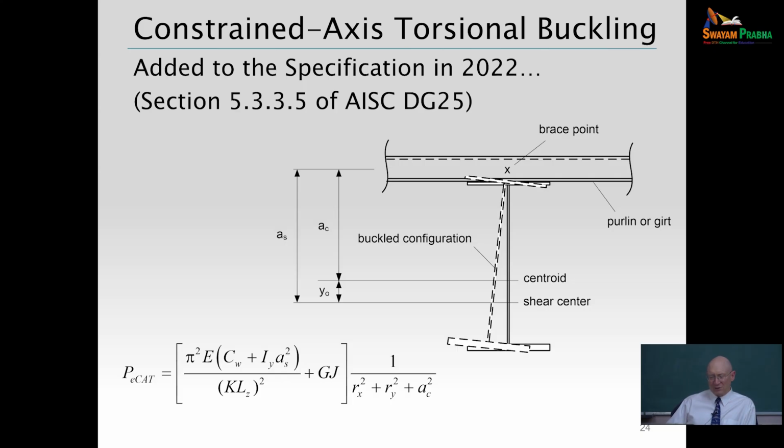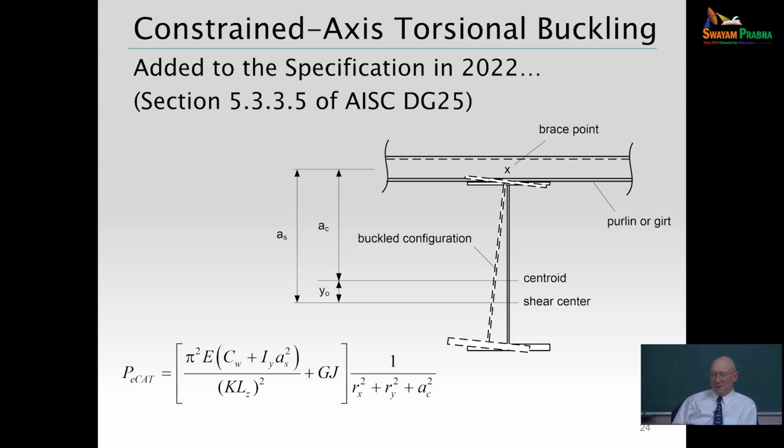Again, here you can see the terms showing up: E Cw, E Iy, GJ. All those terms are showing up. The other way this equation works is if you somehow had a constrained axis that's way above the rooftop here, and you're constraining somehow off of that point, it reduces to just flexural buckling about the Y axis, because it's no longer twisting when it buckles.